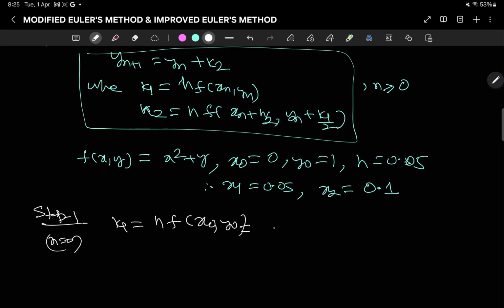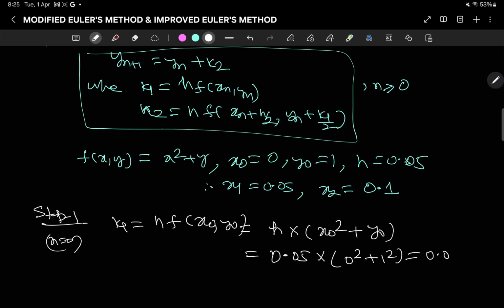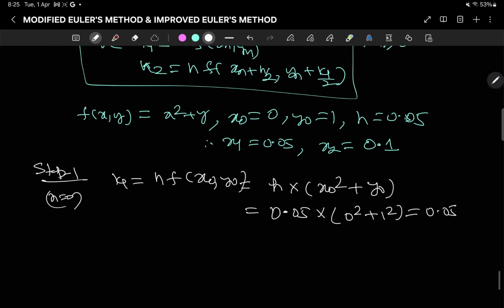If you solve it, it is h into x0 square plus y0. So this is equal to 0.05 into 0 square plus 1, which is 0.05. Now k2 is h f(x0 plus h by 2, y0 plus k1 by 2).